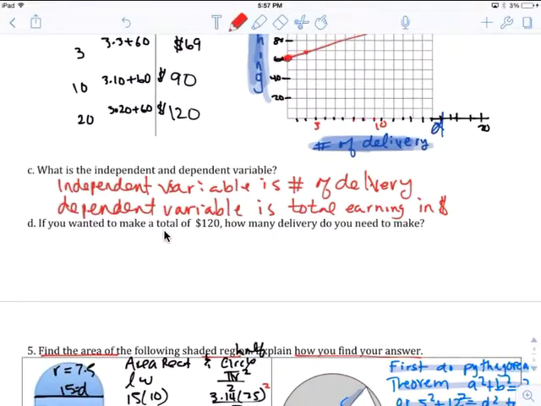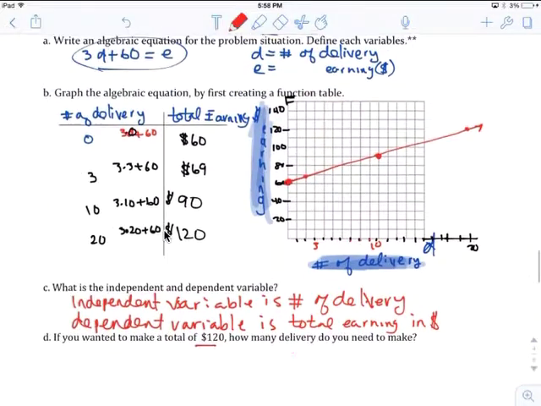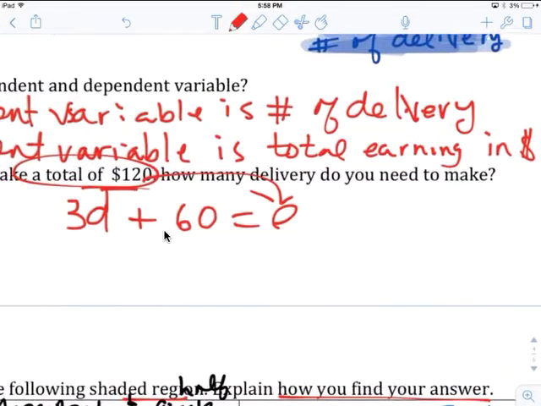If you want to make a total of $120, how many deliveries must you make? Let's go back to the equation. 3D plus 60 equals E. Total of 120 goes to the earning if you want to make that much. So 120 equals 3D plus 60.